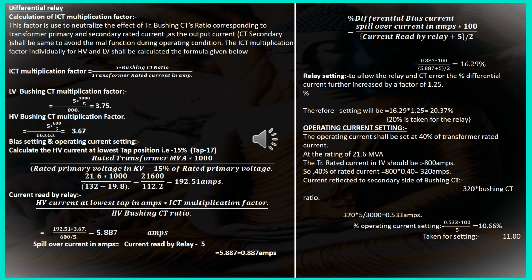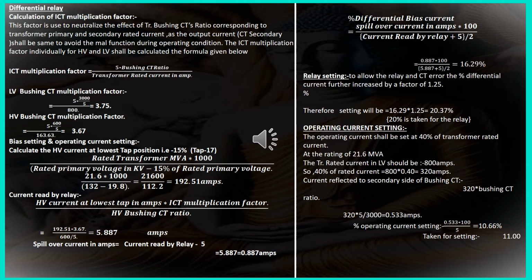The LV bushing CT ratio is 3000 by 5. Sorry, the LV bushing CT ratio is 3000 by 5, and the HV bushing CT ratio is 600 by 5. Just double the normal CT ratio.